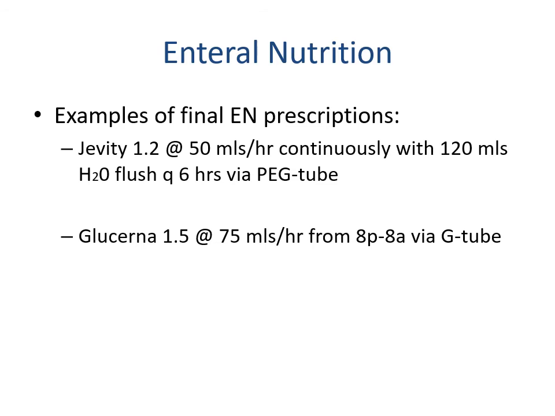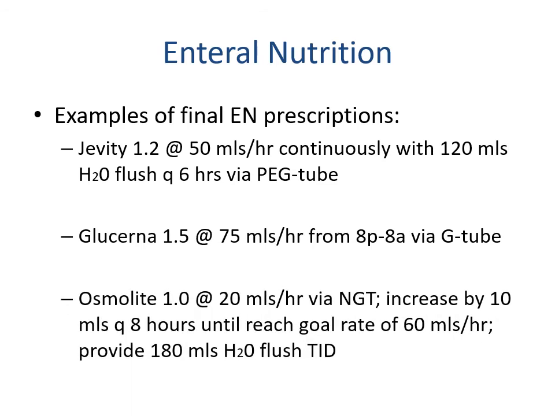Now in reality, it would be from 2000 hours to 0800 hours. But again, just to make sure we're on the same page, this is a 12-hour regimen. Osmolite 1.0, 20 milliliters per hour via an NG tube, increase by 10 milliliters every 8 hours until a goal of 60 milliliters per hour is reached, providing 180 milliliters of fluid 3 times per day.